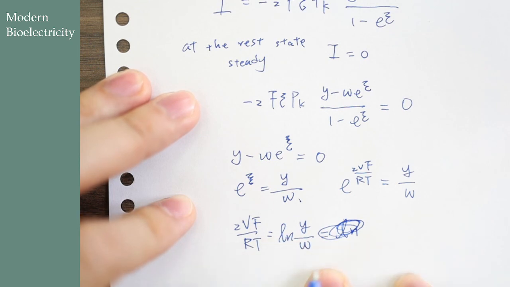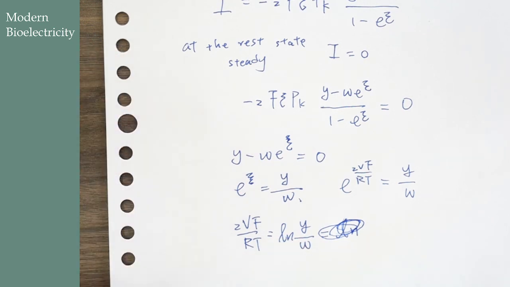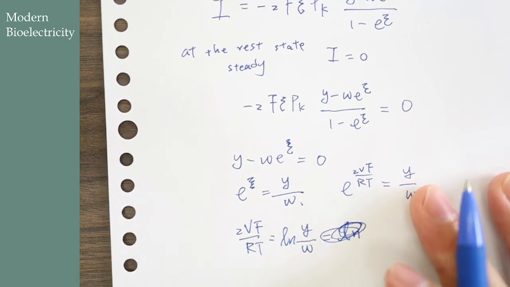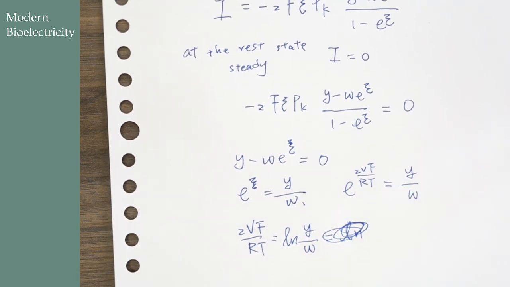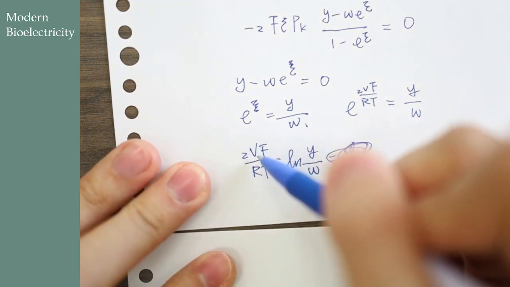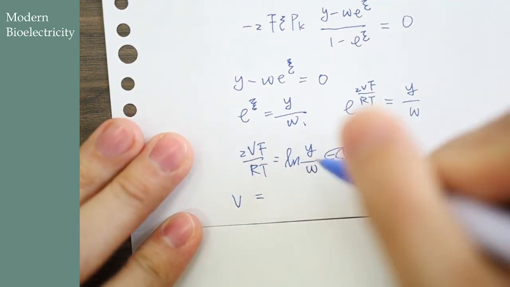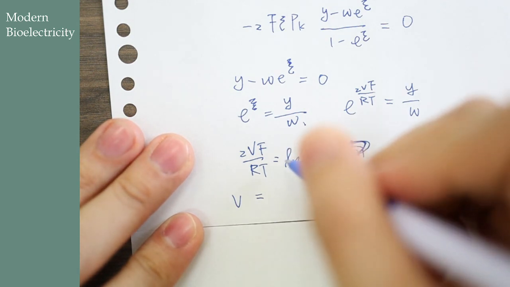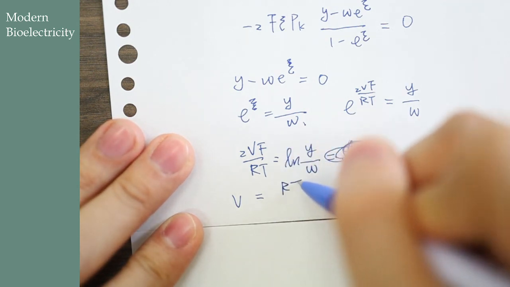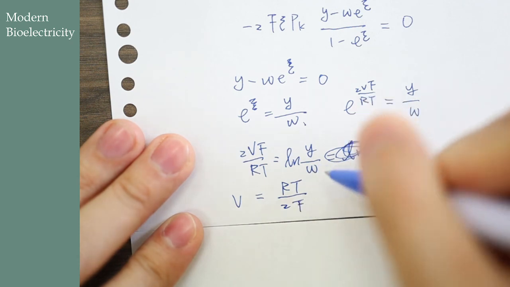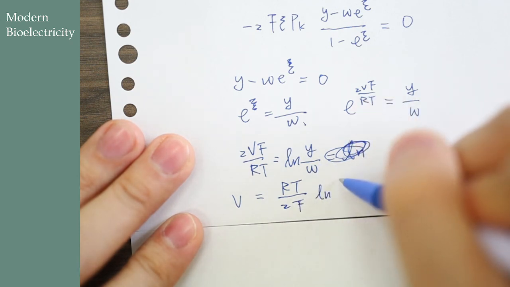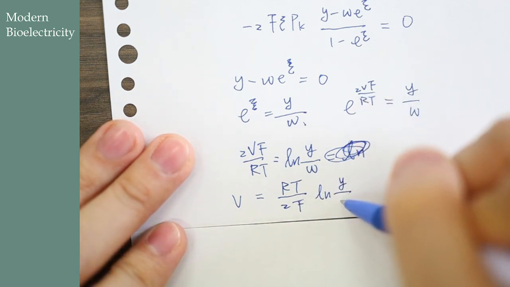So we have this log of Y divided by W. And finally, we can have the membrane potential V right here. V is equal to RT over ZF times log of Y divided by W.